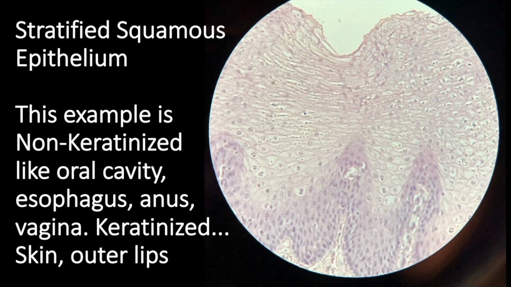However, in the skin, the outer part of your lips, or in all the rest of your skin, it can get wet, but it should stay relatively dry. That type of tissue is called keratinized epithelium. Keratinized.